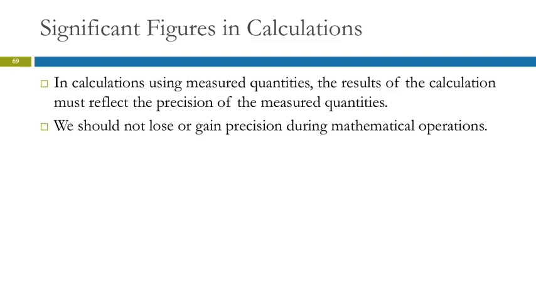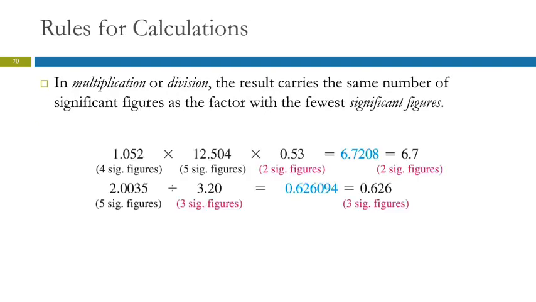So, in calculations, the result of the calculation needs to reflect the precision of the measured quantities. And so we shouldn't be gaining or losing precision just by doing calculations. And that's the goal of the rules for sig figs and calculations.